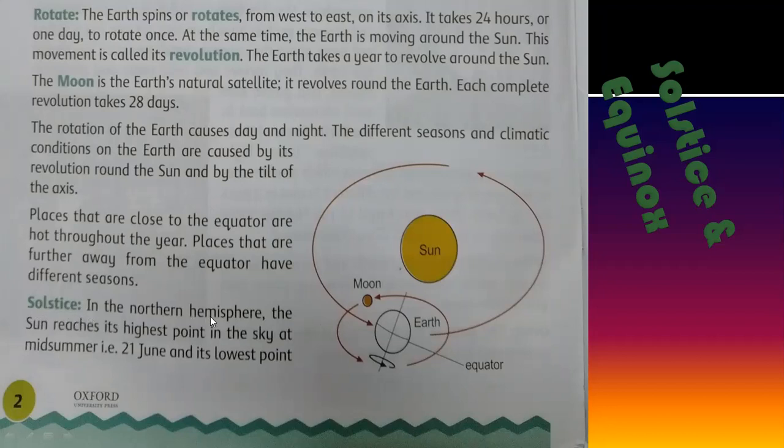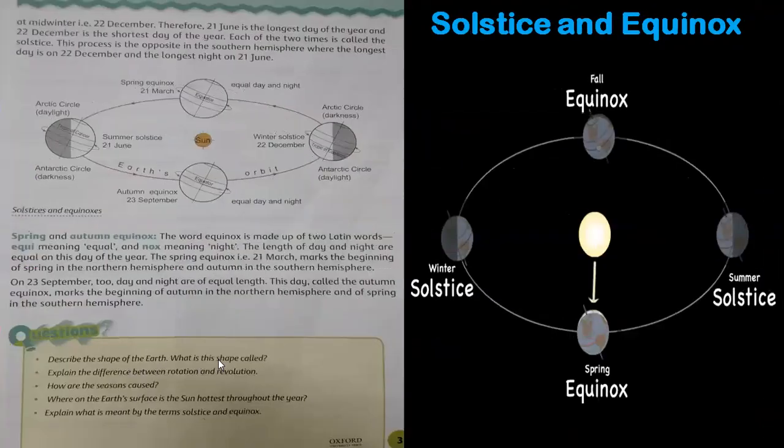Let's begin. In the northern hemisphere, the sun reaches its highest point in the sky at midsummer, for example, 21st June, and its lowest point at midwinter, for example, 22nd December.